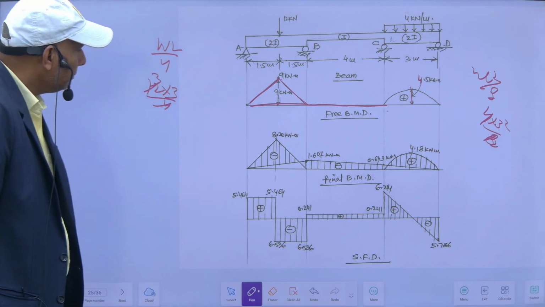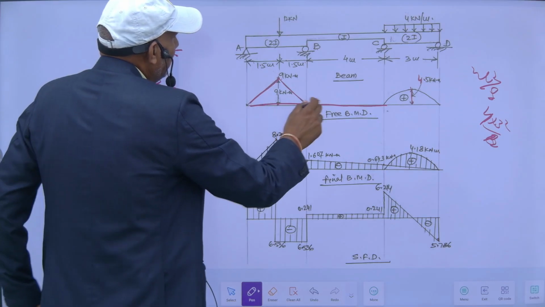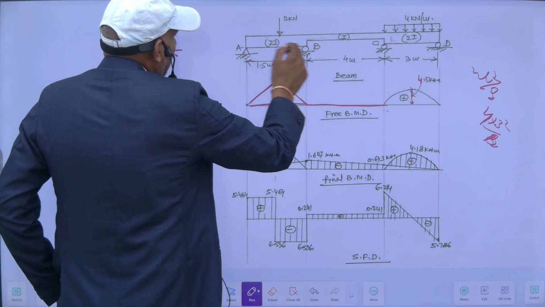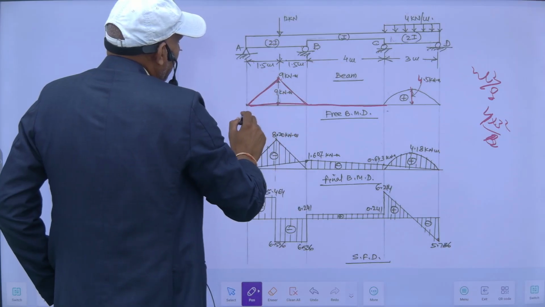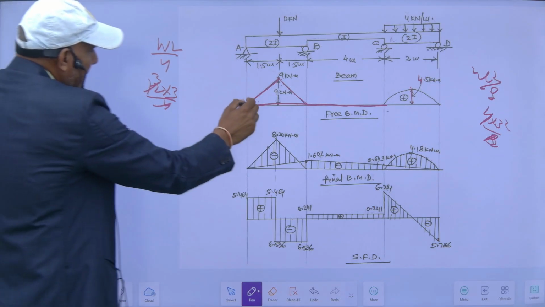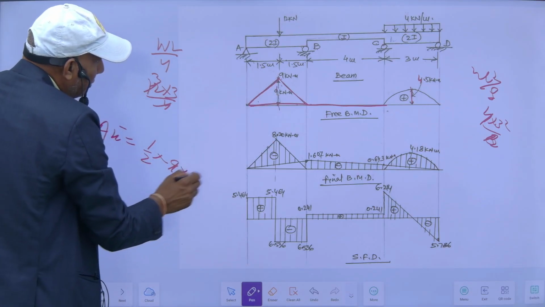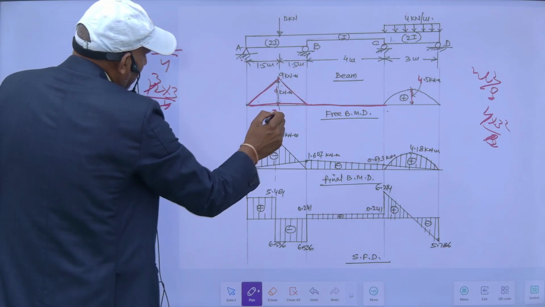So if I apply the 3-moment theorem for this portion AB, BC, then I will need A x bar. A x bar for this will be: area of this is equal to 1 by 2 into this 9 into this length. This is 3 meter.